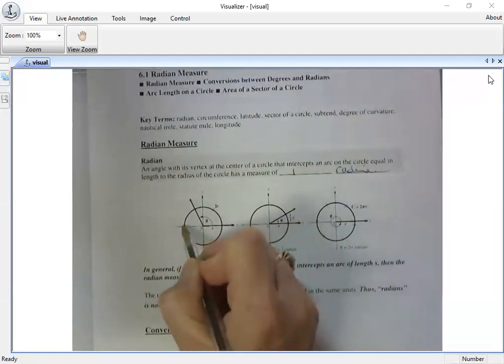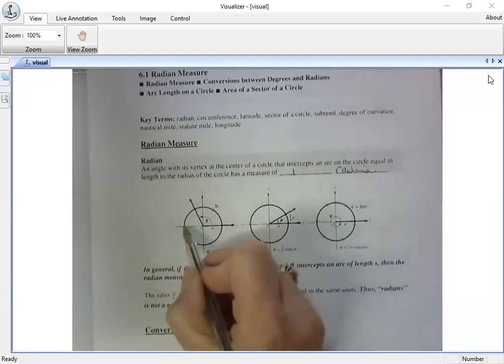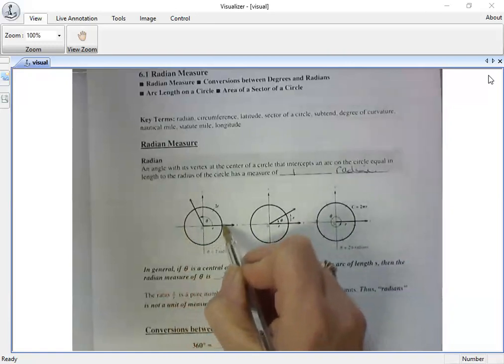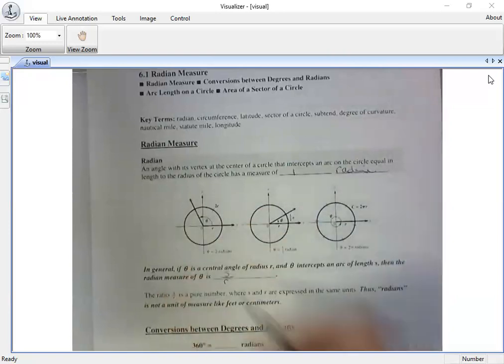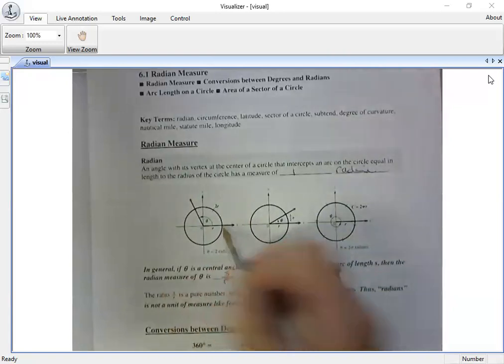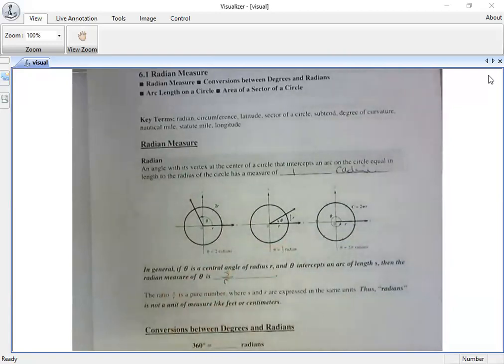To go halfway around the circle, it will be pi radians, okay? A full circle is going to be 2 pi radians.